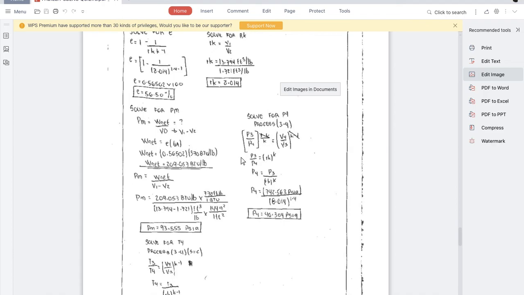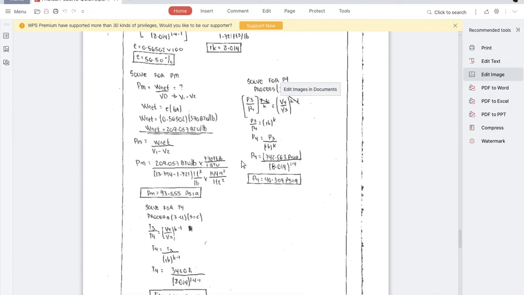So we are looking for P4, and our formula is P3 over rk raised to k, which is 742.563 psia over 8.014 raised to 1.4, and the answer is 40.304 psia.